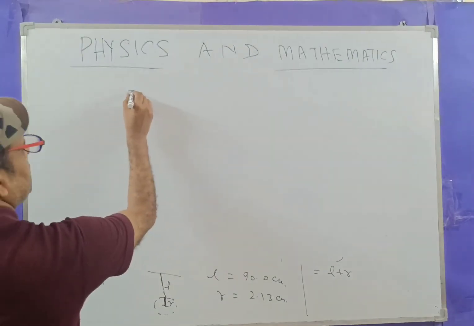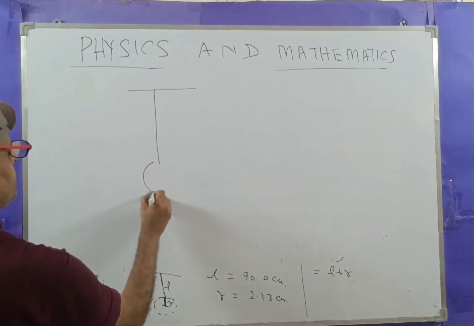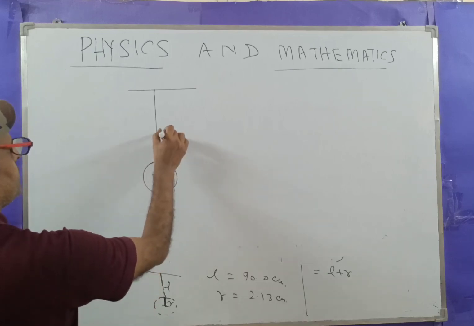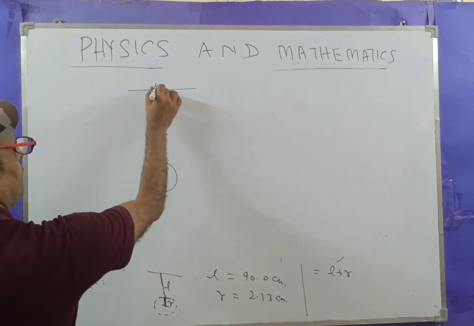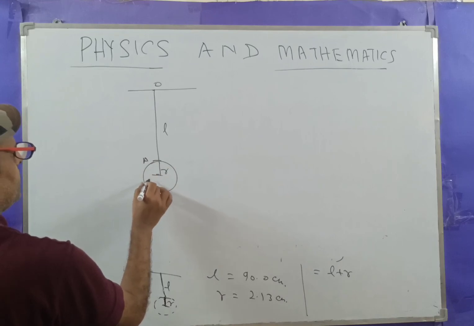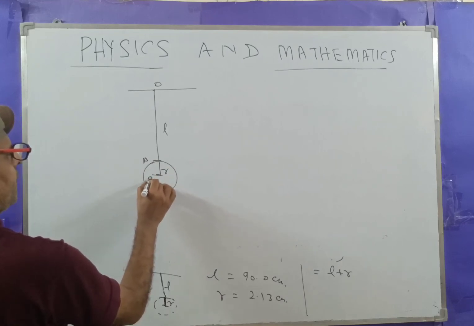This is the length, this is the radius, O A B, B the point.